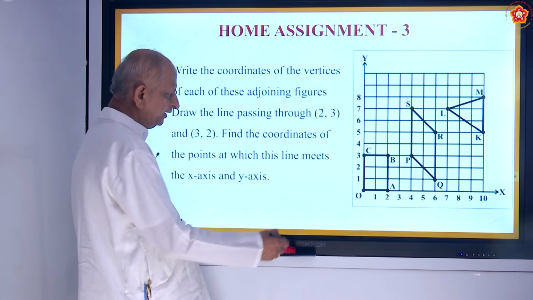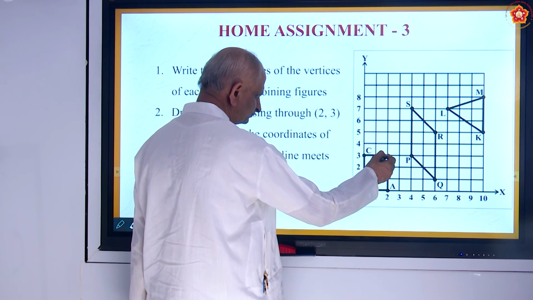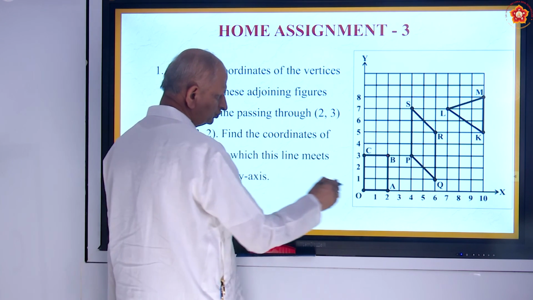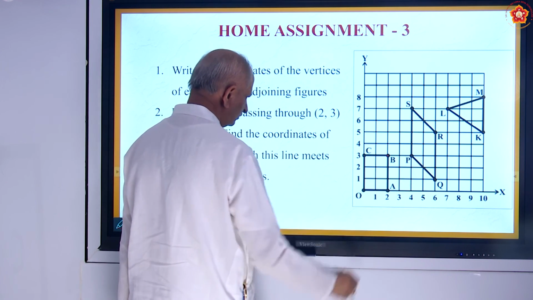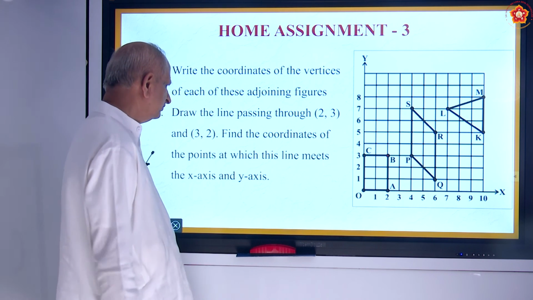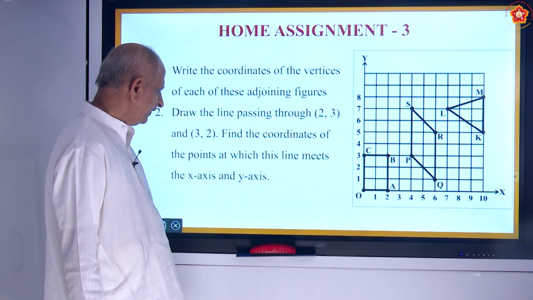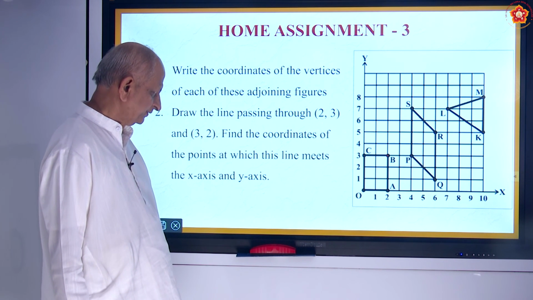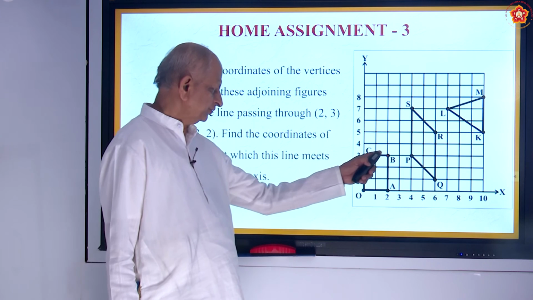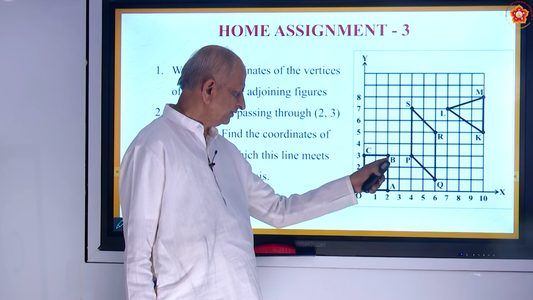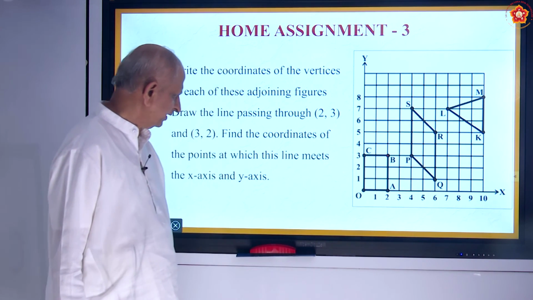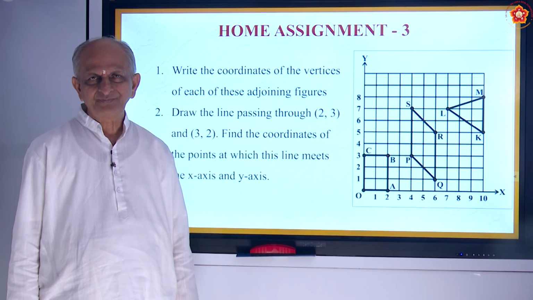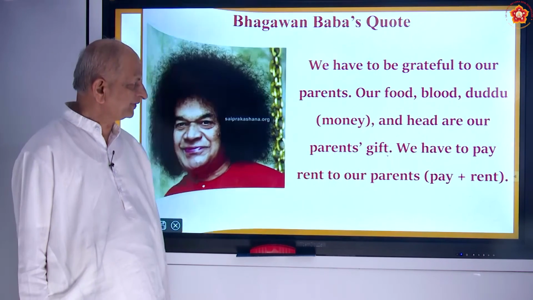So 2, 3 is here, and then 3, 2 is here, and they are asking to find the coordinates of the points at which this line meets the x-axis and y-axis. So these two meeting points on the x-axis and y-axis you must tell.